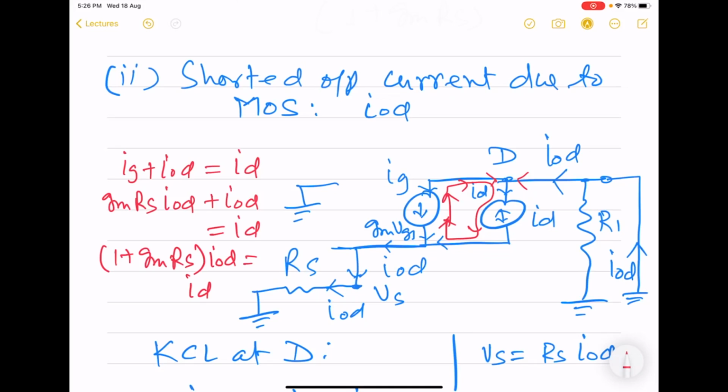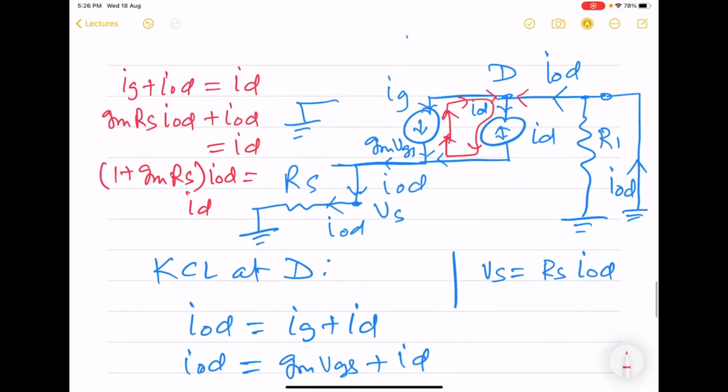Right. So because of this circulation, only a part of ID goes out, and the remaining part flows in this circuit. So the part that circulates is equal to gm RS ID by (1 plus gm RS).